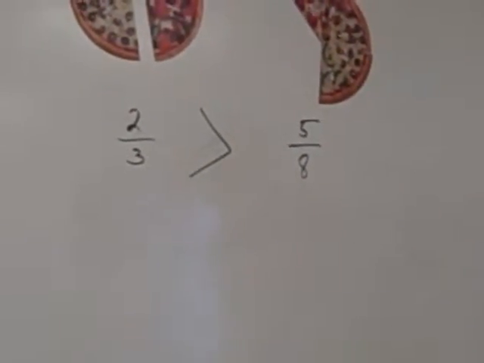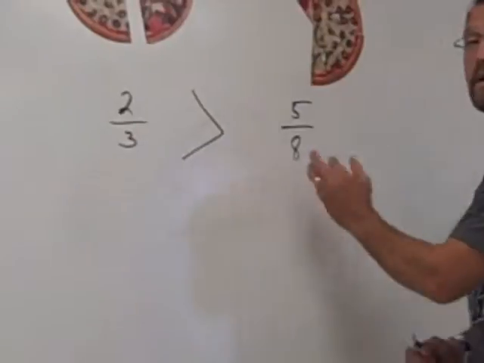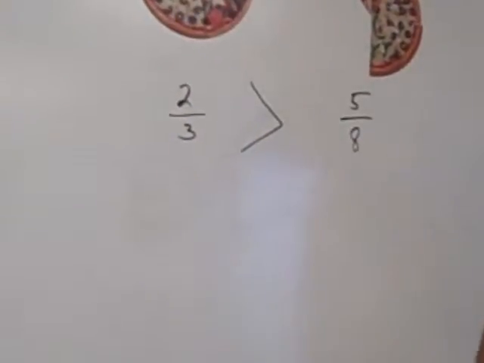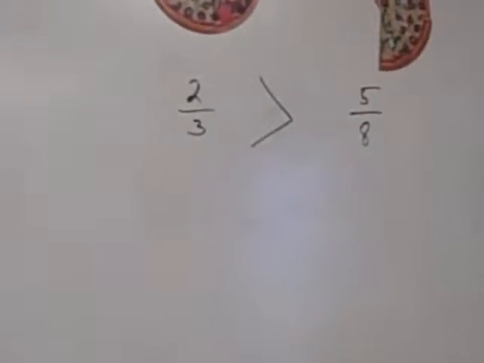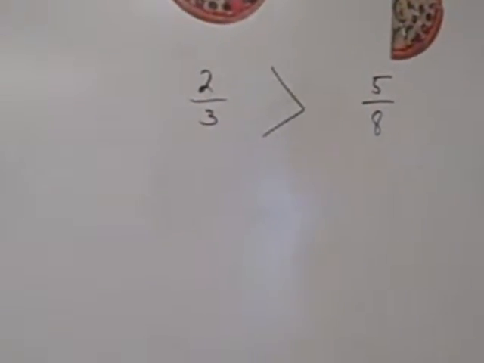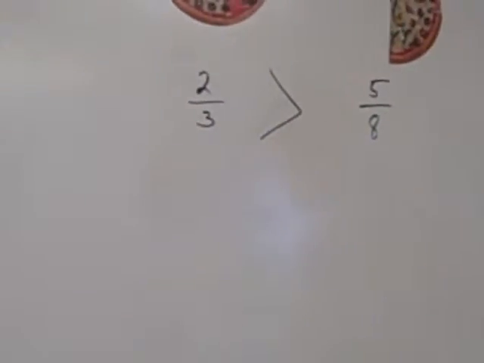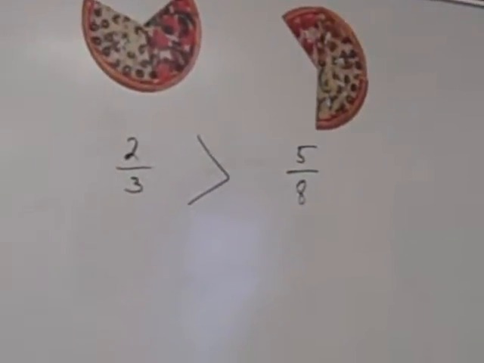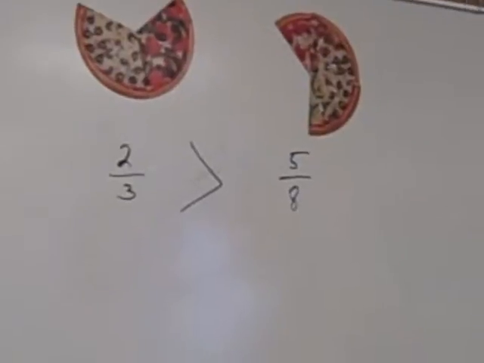All right. 2/3 is greater than 5/8 because we saw it visually. Now, folks, do we have time to cook a pizza every time we're dealing with fractions? No, we can't cook pizzas and cut them up to do fractions all the time. So we need a mathematical way of doing it, right?